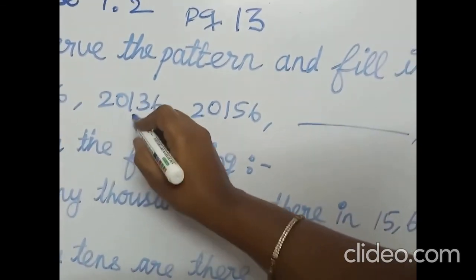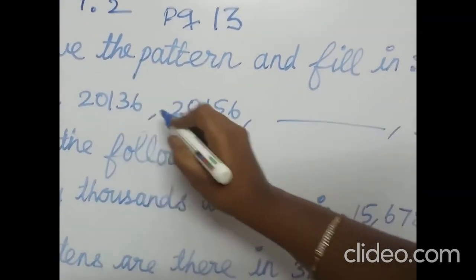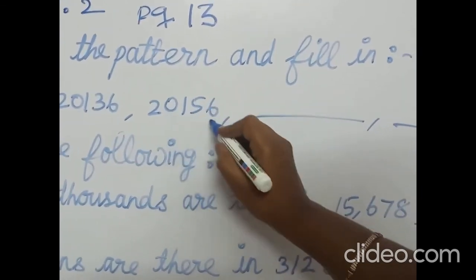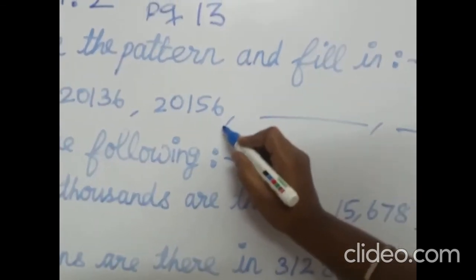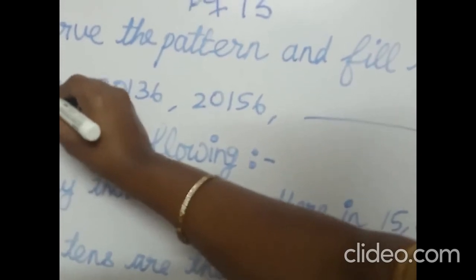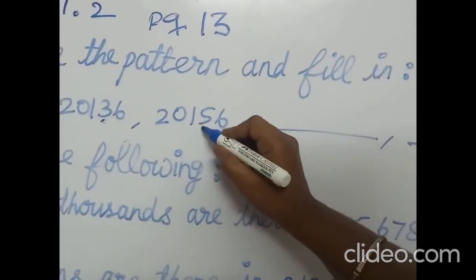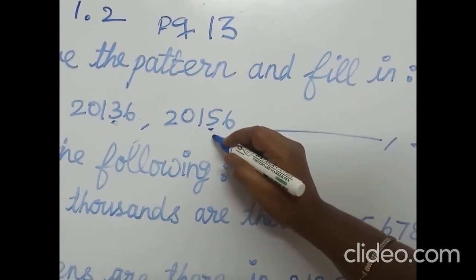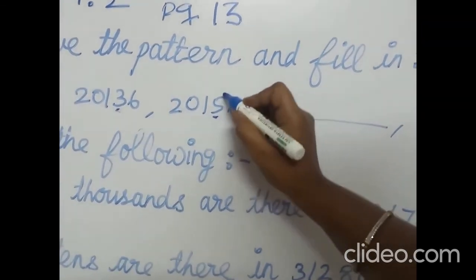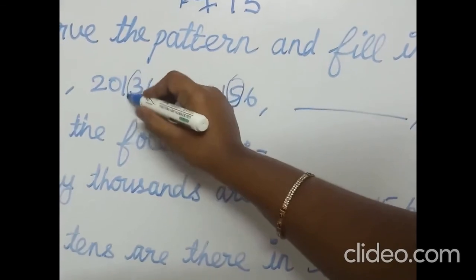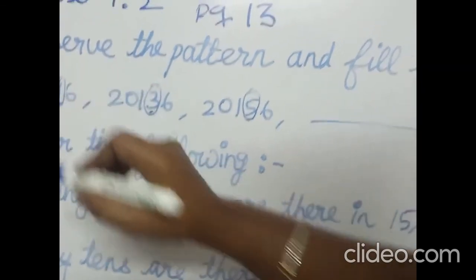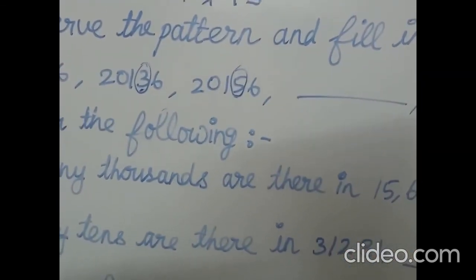Where is the change over here? You see 1, the tens place number, then 3, then 5. So we are going to change the tens place number here.